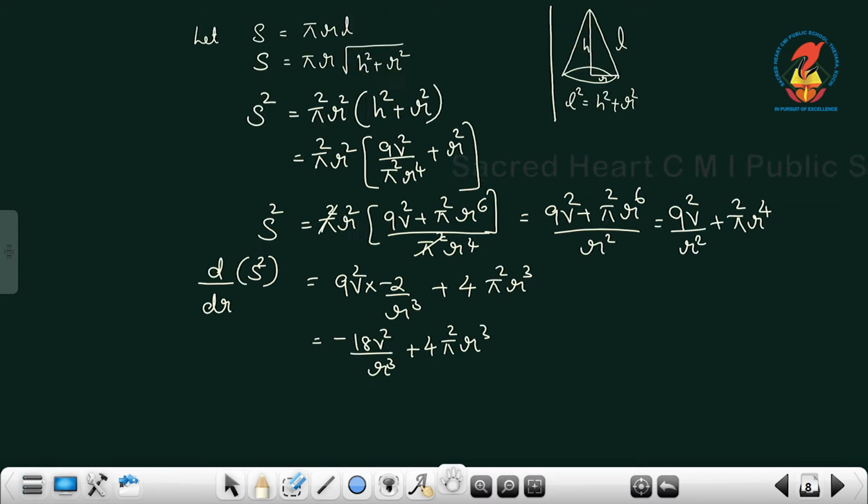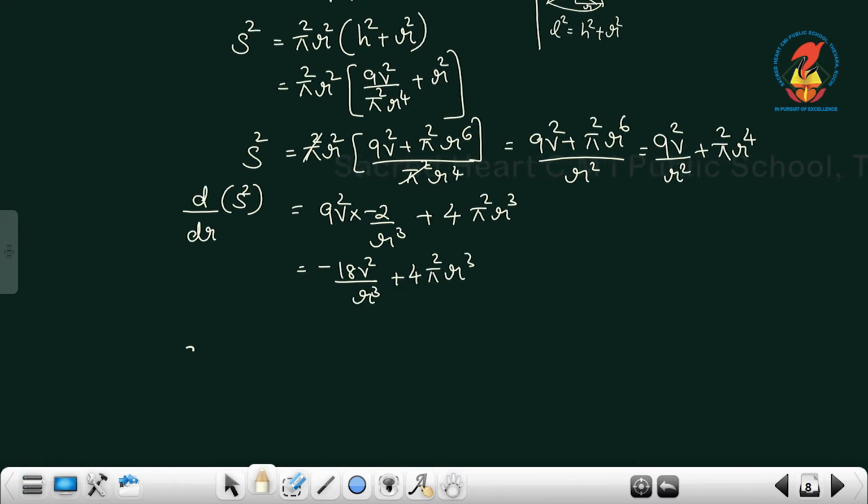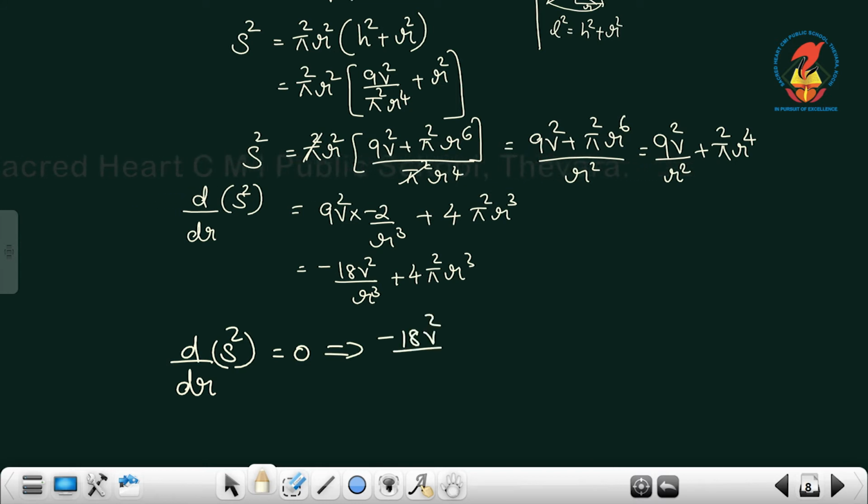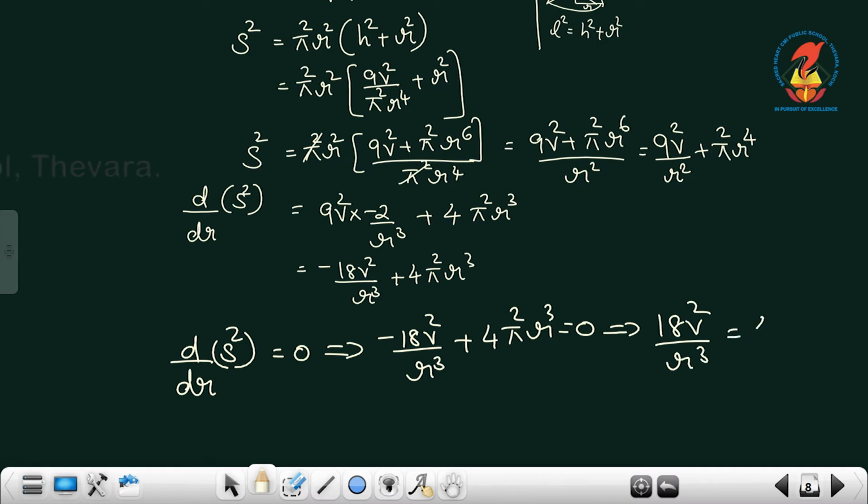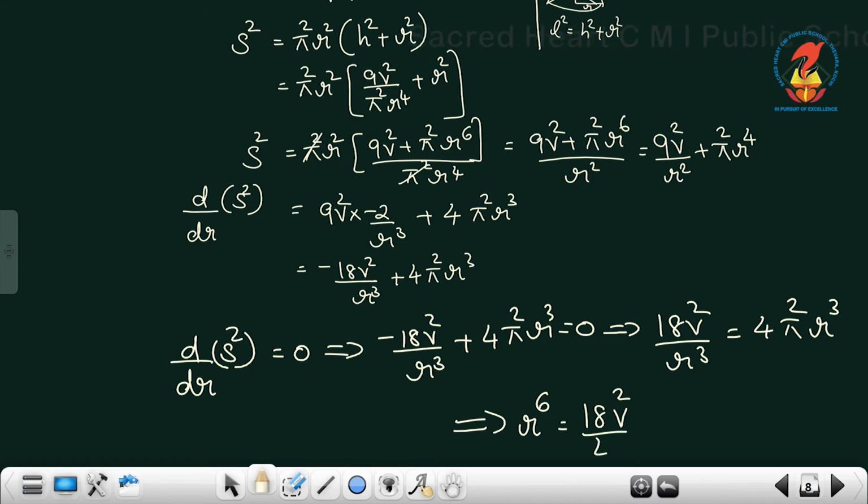Okay. Now equate to 0. So d by dr of s square equal to 0 implies minus 18 v square by r cube plus 4 pi square r cube equal to 0, which implies 18, take to the other side. Or I can write r raised to 6 is equal to, when we cross multiply, r cube into r cube is r raised to 6, that's equal to 18 v square by 4 pi square.